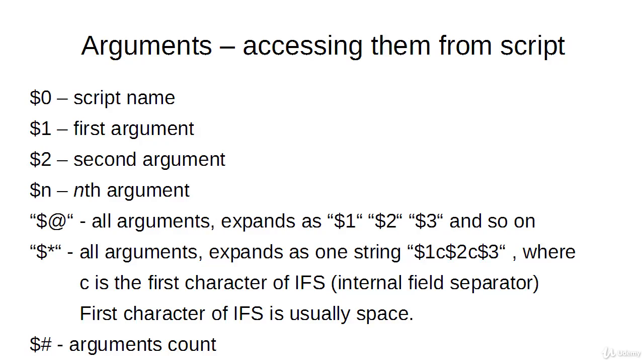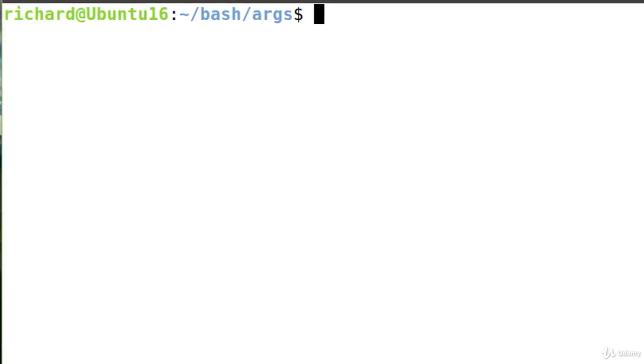Now let's write some script to see arguments in action. I will create a script called arguments.sh. On the first line, don't forget the shebang, /bin/bash.